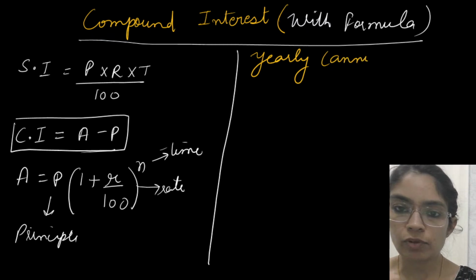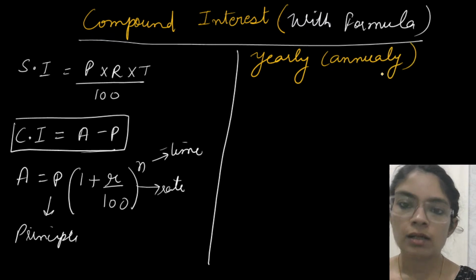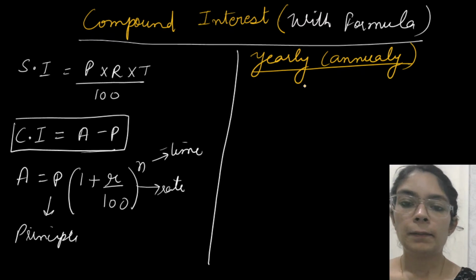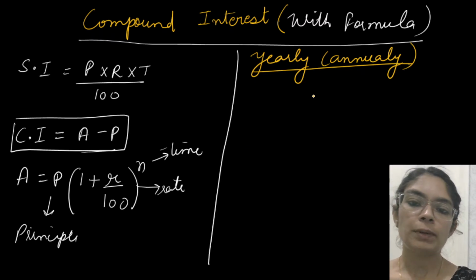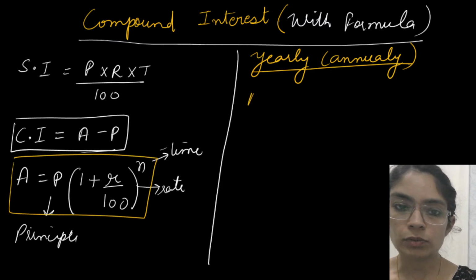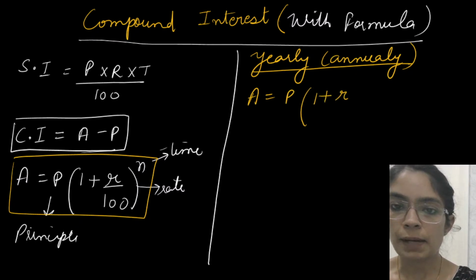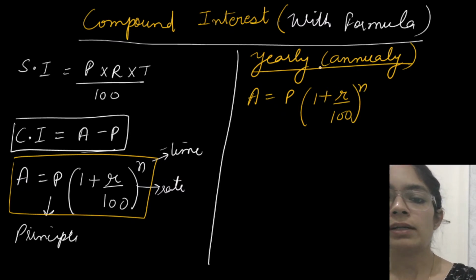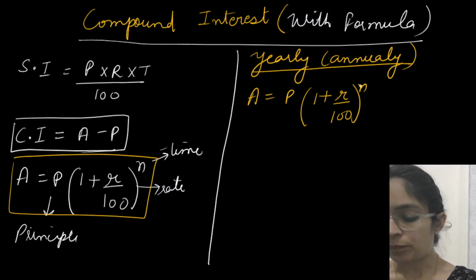So two different formulas we have to use, yearly and half yearly. Half yearly means for a period of 6 months. Whenever compound interest is compounded yearly, you have to use this formula of amount: A equals P into 1 plus R by 100 power n. This formula you have to use whenever compound interest is compounded annually.